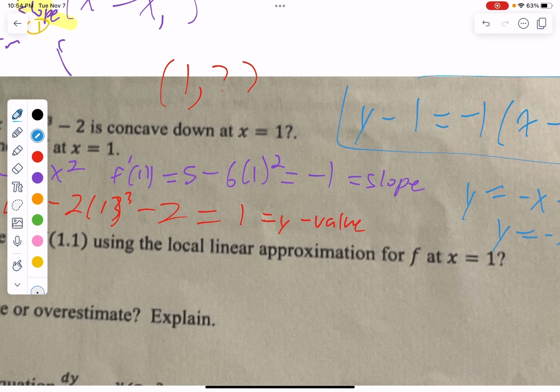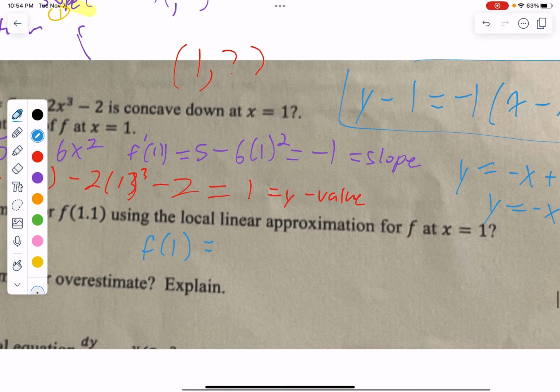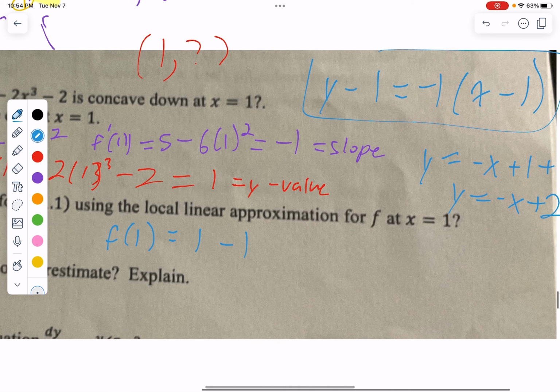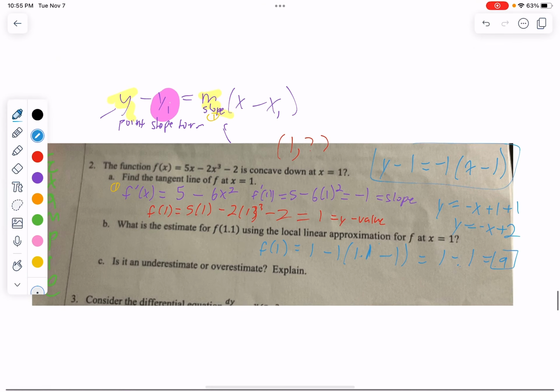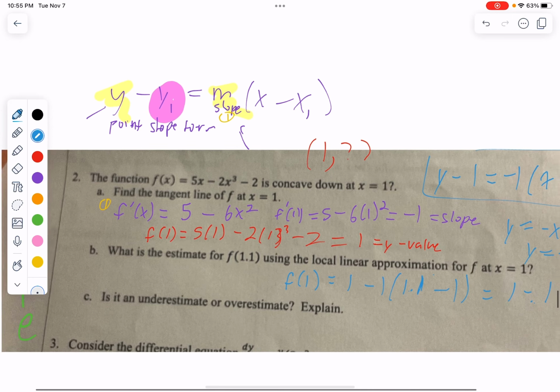So we're plugging it in: 1 minus (1.1 minus 1) equals 1 minus 0.1, which equals 0.9. And it's asking whether it is an underestimate or an overestimate.